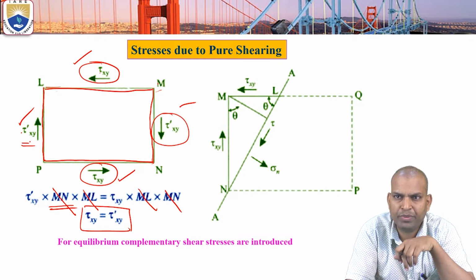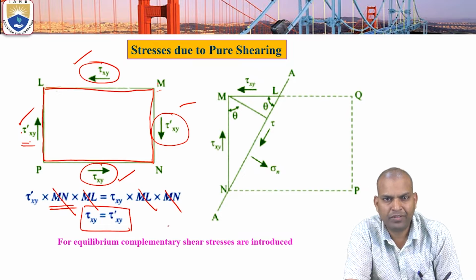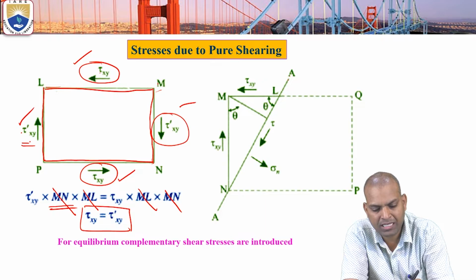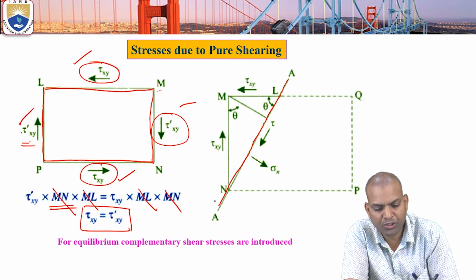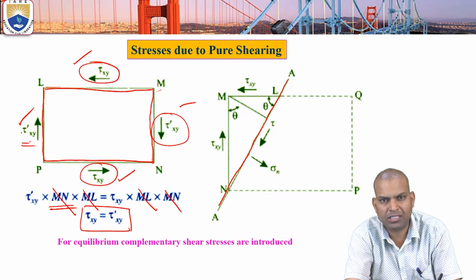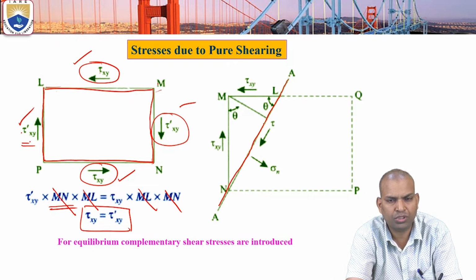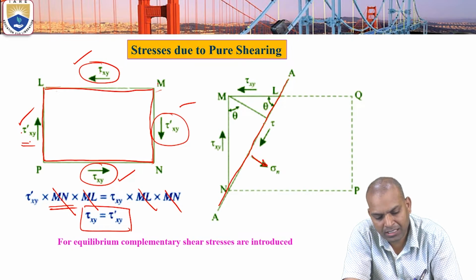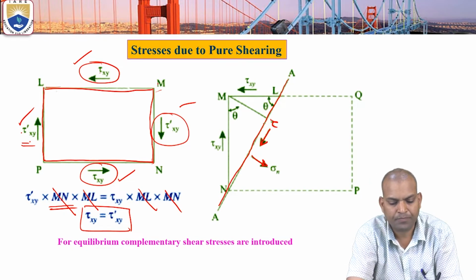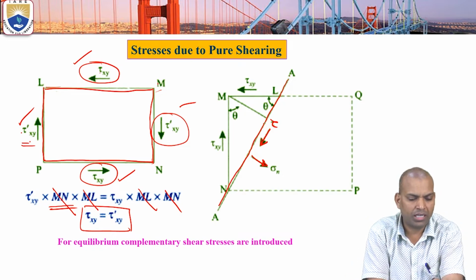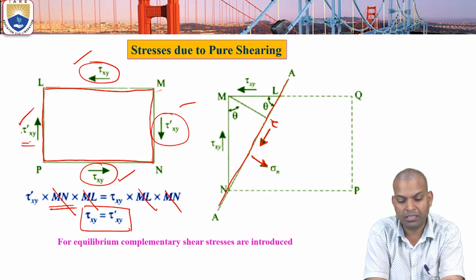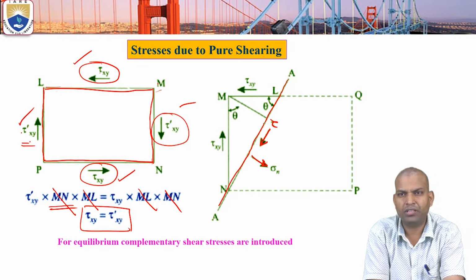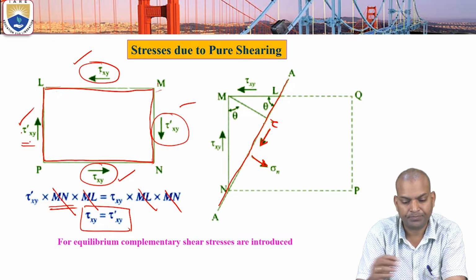Now after getting equilibrium, the block is cut by a plane at an angle theta to the section LM. This is the AA sectional plane. Now on this plane, the normal and shear stresses are going to be calculated. Sigma n is the normal stress, perpendicular to the plane, and tau is the shear stress along the plane. The angle made by this plane with LM is theta.